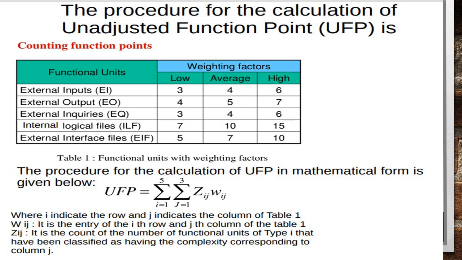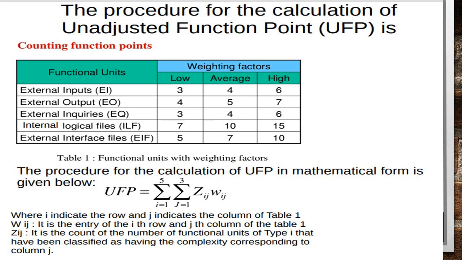So to calculate the function point, first we have to find UFP, that is unadjusted function point. So let us understand the procedure for the calculation of unadjusted function point.